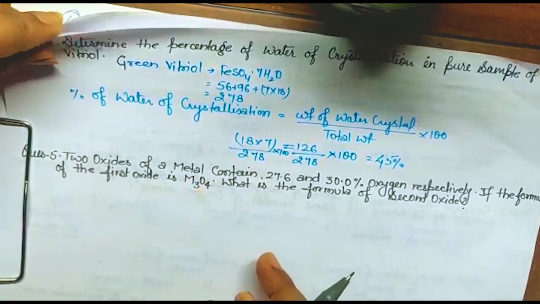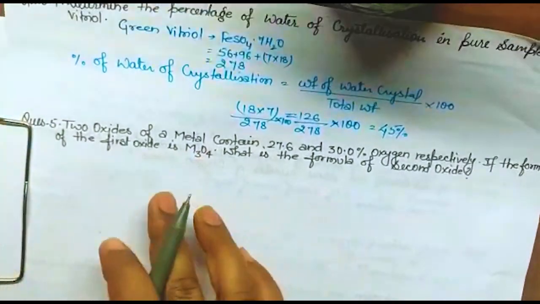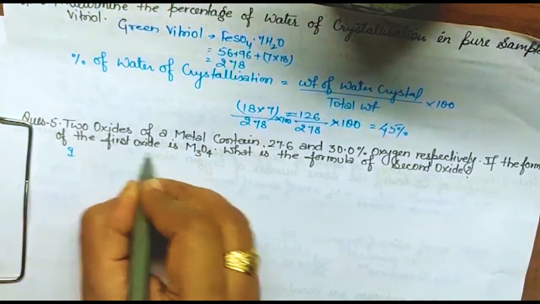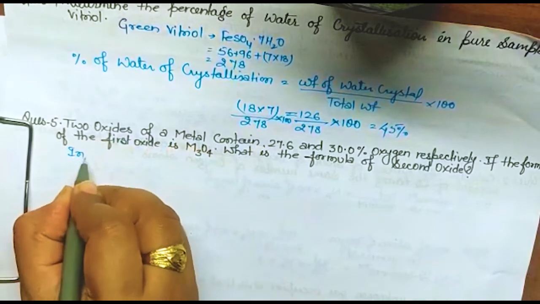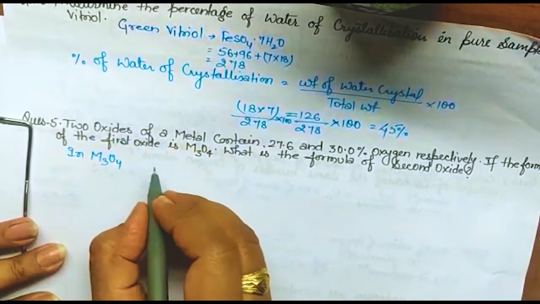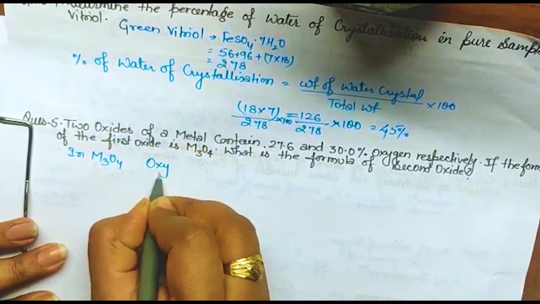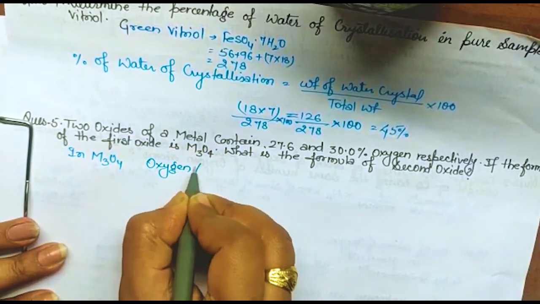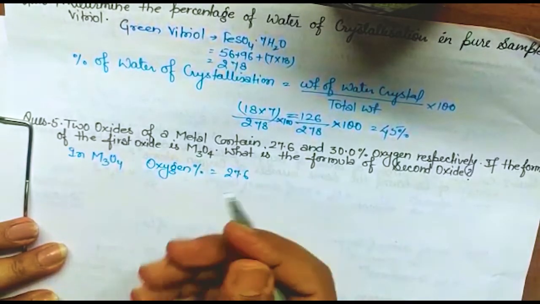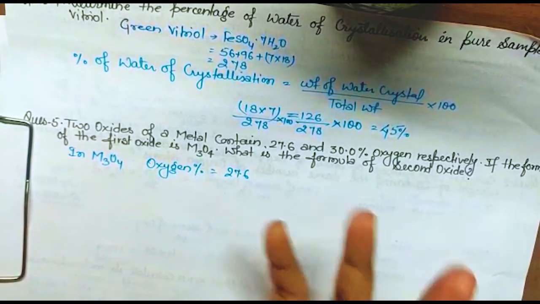How will we find it? So here, in the first oxide M3O4, the oxygen percentage is 27.6, and since it is a metal oxide, obviously it is made up of only metal and oxygen, isn't it?